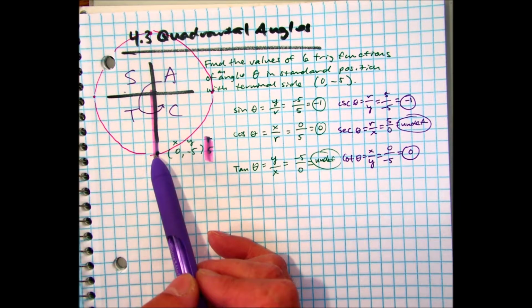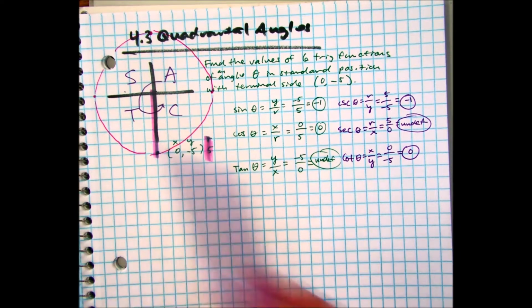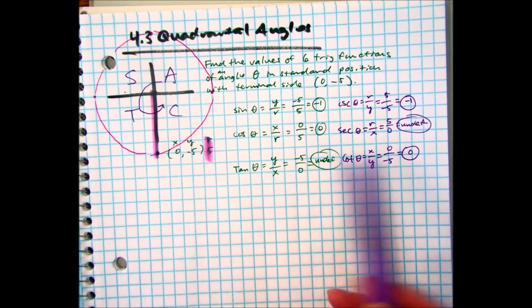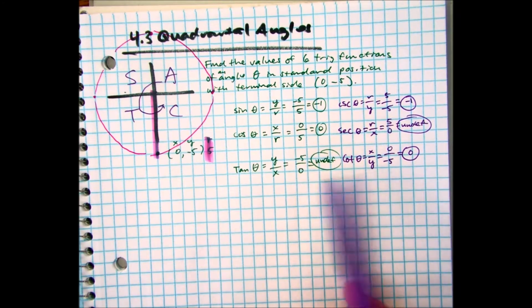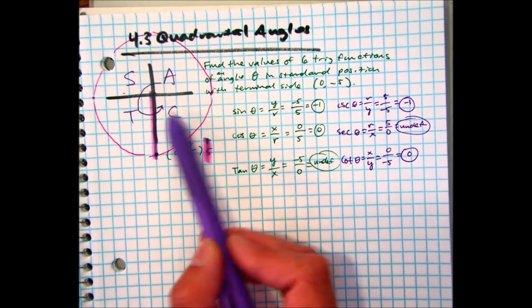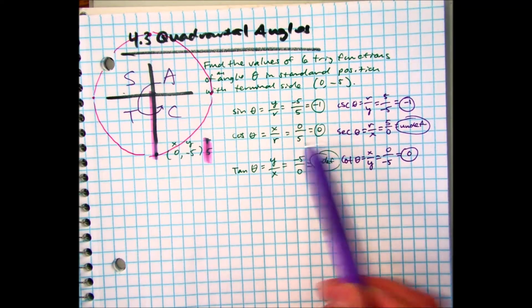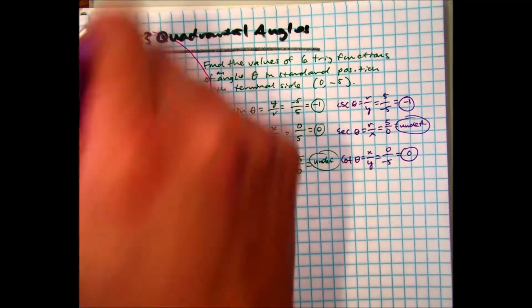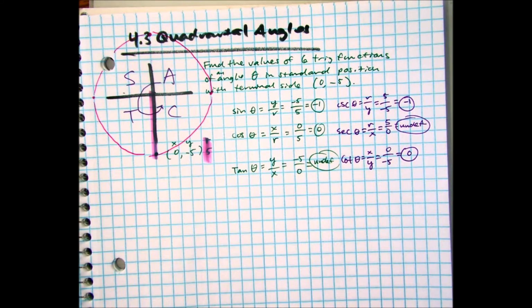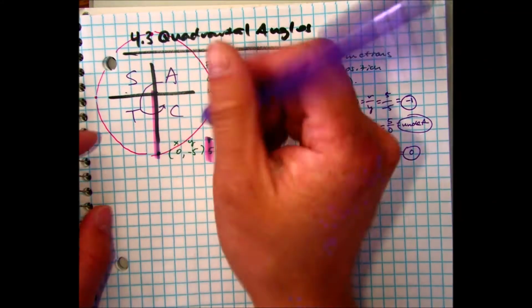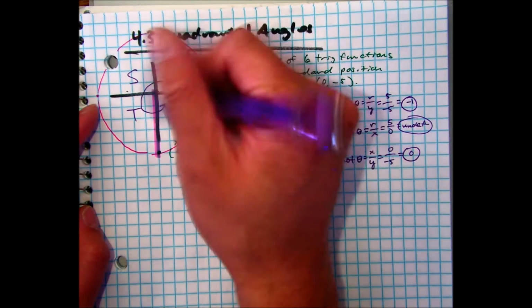Does that make sense? Tangent and cotangent are not negative. And then cosine and secant are not negative. They're telling you where it's positive. Positive means not negative.